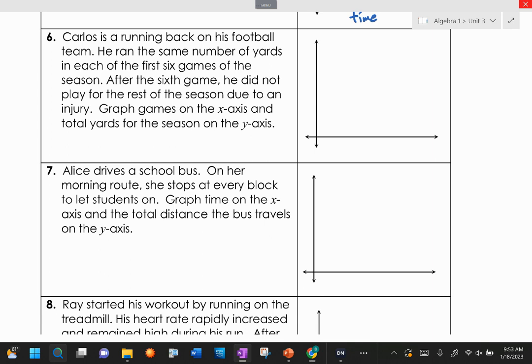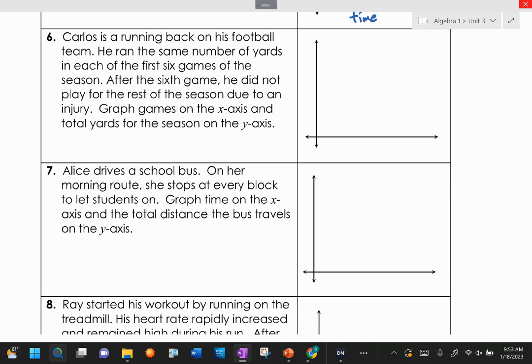A key thing to keep in mind is what they are asking you to use as your units of measurement. So on number 6, what are our two units that we're using? Yards. Yeah, total yards and then games. Okay. On number 7, this is another time one, but we're not talking about speed. If we were talking about speed, every time the bus stops, what would be happening?